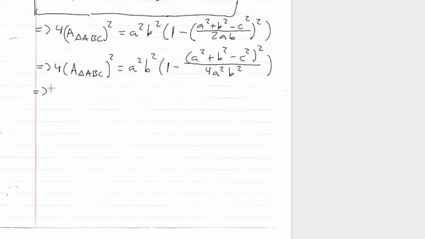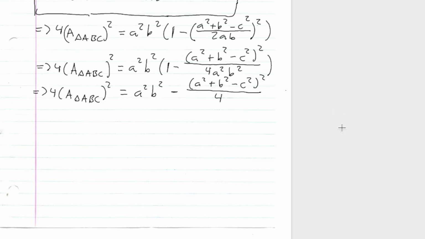So this implies that 4 times the area of triangle ABC squared is equal to a squared b squared. And look, a squared over a squared turns into 1. B squared over b squared turns into 1. So what I'm left with is a squared plus b squared minus c squared squared all over 4, right?